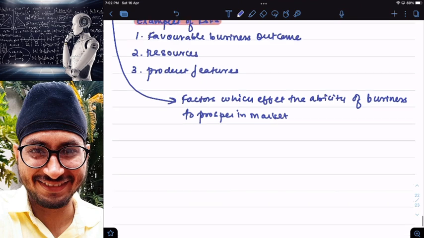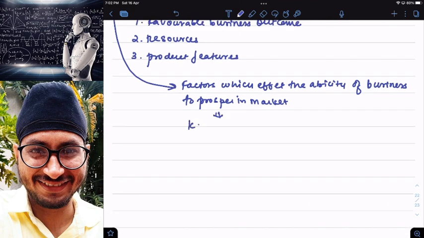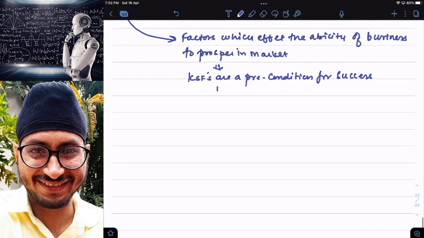Key success factor. Remember one thing, key success factors are a precondition for success. Means if I have key success factors, then only I will succeed in market. If I don't have key success factors, I will not be successful in market. And one more thing, sir, key success factors are different for every industry.